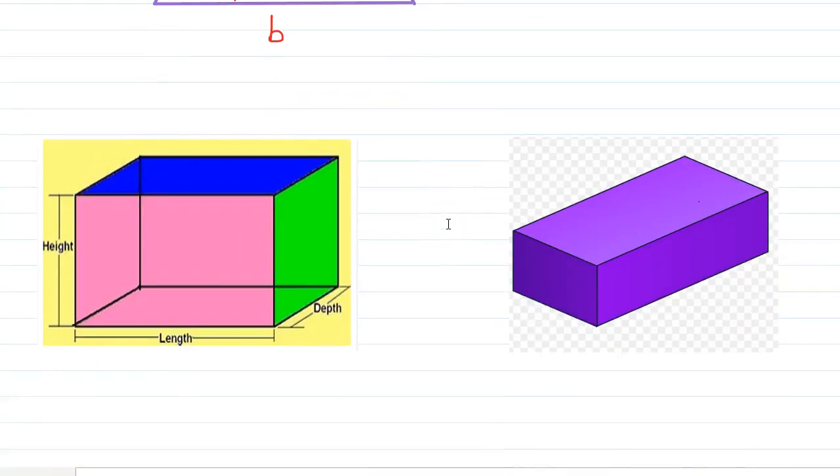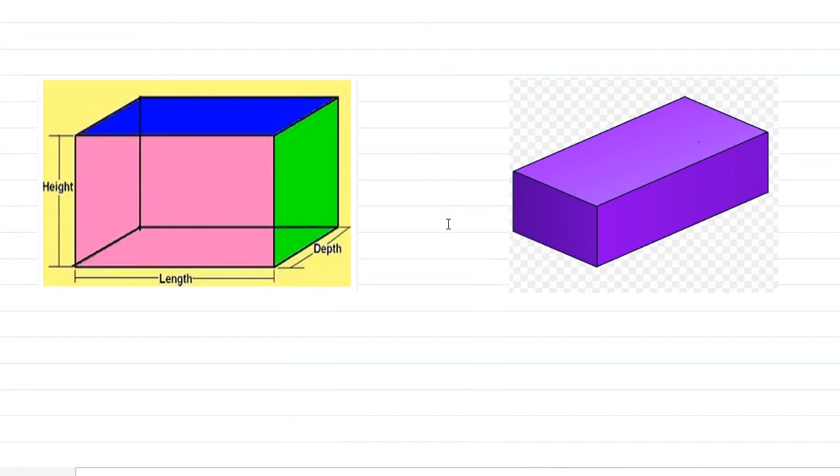Here is a 3D shape, the cuboid. The best examples of a cuboid are a sweet box or a shoe box, where length, width and height are all different. This is the length, this is the width or depth, and this is the height.